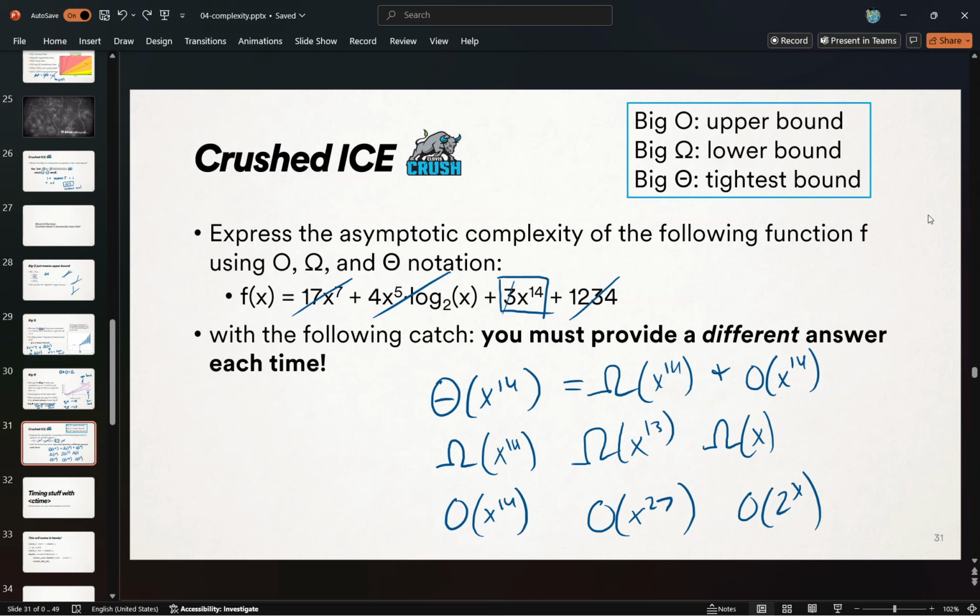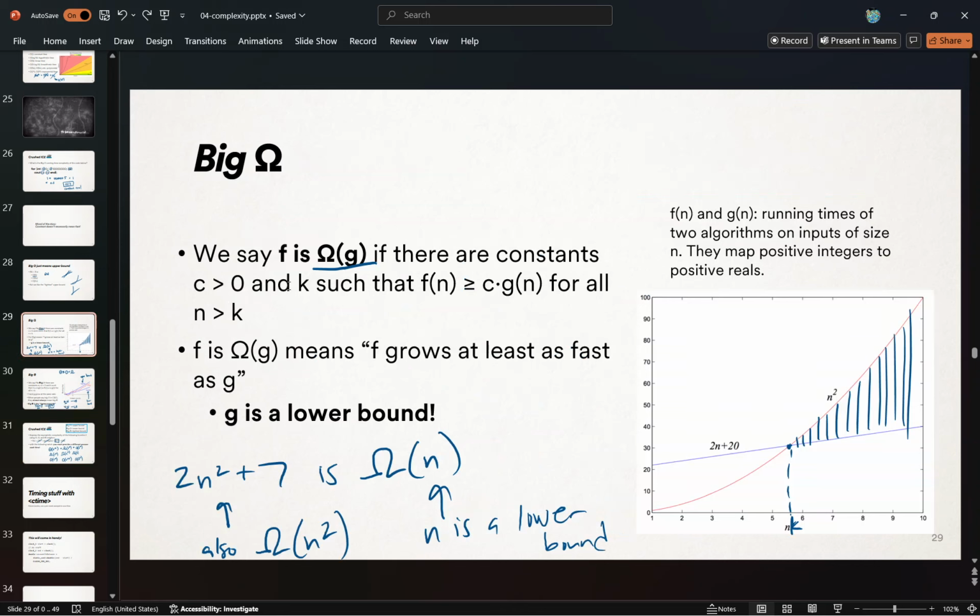Question. If we were to do the omega or the O of x to the 14, then you'd have to say where they become the lower and upper bound? If you wanted to prove that it's omega of something, yeah, then you'd have to use the definition. You'd have to say, all right, it is big omega, and I'm going to show you that C equals this, k equals this, and I will show you beyond a shadow of a doubt that this inequality holds.